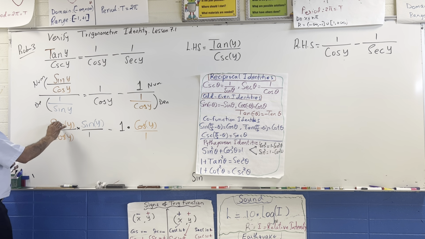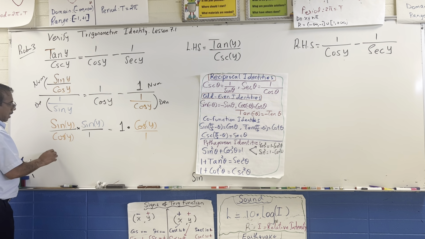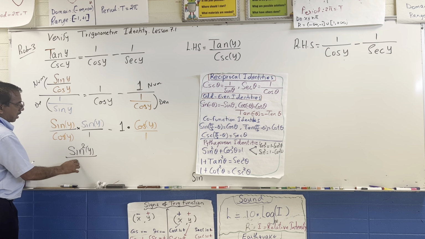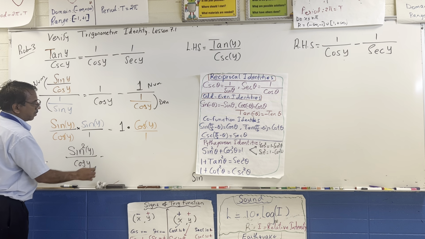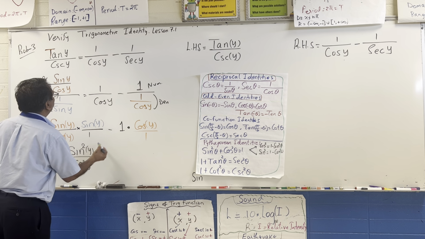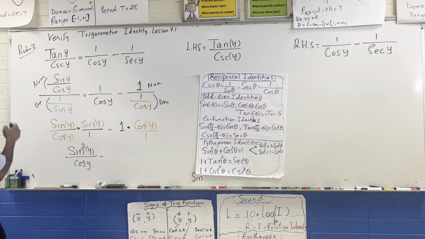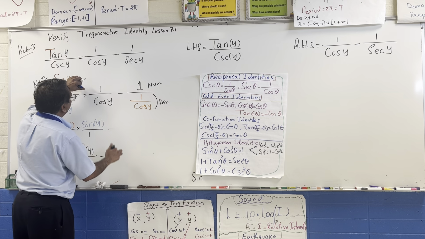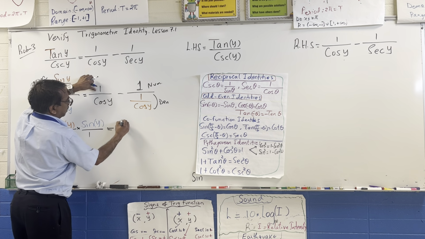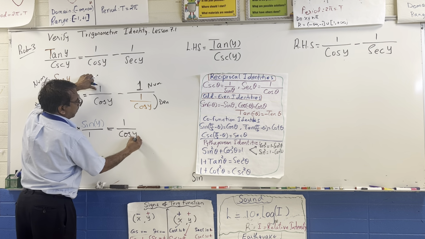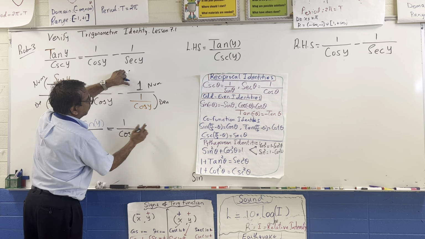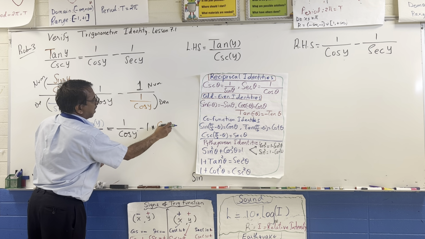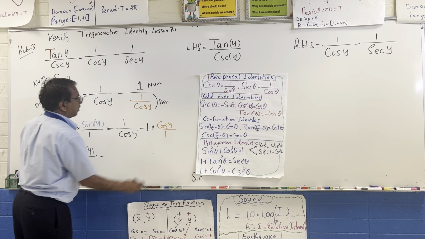Okay, let's try this step: sine square y divided by cosine y equals, I think I missed one step there. I'm sorry, this one I missed: this cosine stays the same, and this is minus 1 times the flip of this, cosine y divided by 1.